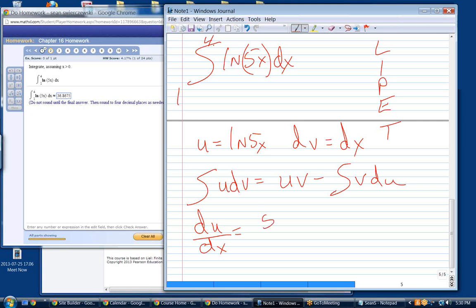So it's 5 over 5x, or 1 over x. In other words, it's the derivative of the outside, which is 1 over 5x, times the derivative of the inside, which is 5. And that reduces to that, oddly enough. So du is equal to dx over x.